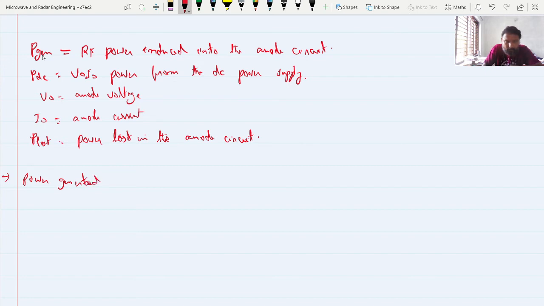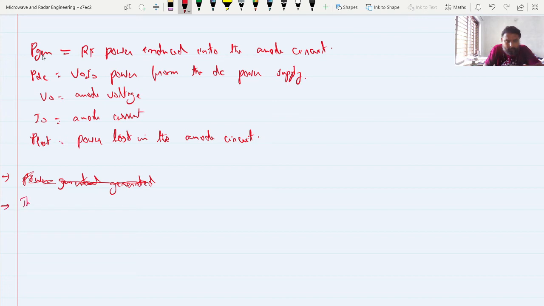The eraser is not working properly, so anyway, I just cut this one and write it on the other line.